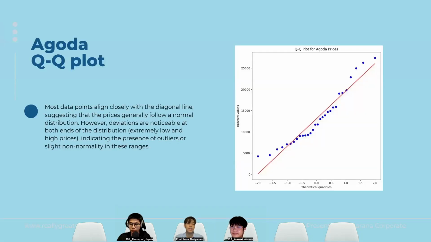First, the Agoda QQ plot. From the chart, most data points align closely with the diagonal line, suggesting that the prices generally follow a normal distribution. However, deviations are notable at both ends of the distribution, indicating the presence of outliers or slight non-normality in this range.